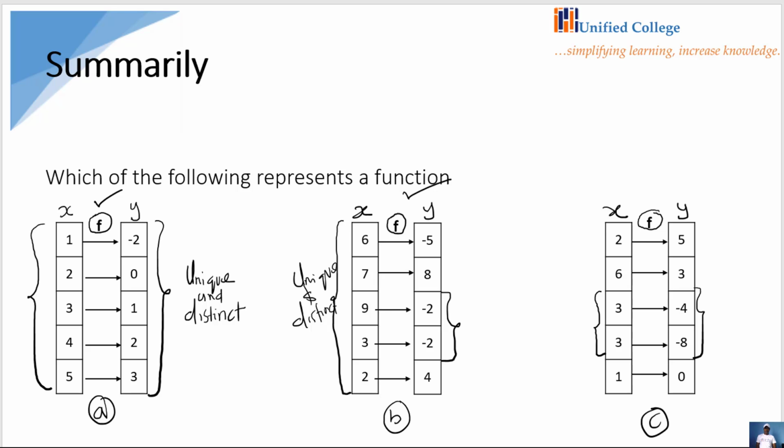This actually breaks the rule, and hence it is not acceptable. Watch out for the input. None of the input values must be repeated. All of them must be unique and distinct. And in this scenario, it is not so. Hence, our judgment will be that this is never a function.